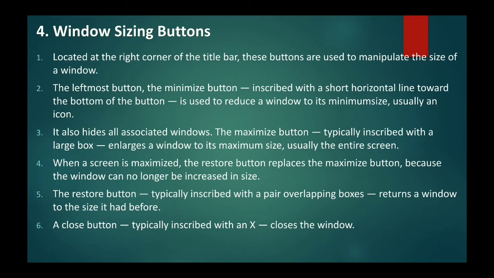The restore button is recognized as two rectangular boxes in overlapping mode, one rectangular box and then the second rectangular box above that particular box. When a screen is maximized, the restore button replaces the maximize button, because the window can no longer be increased in size.